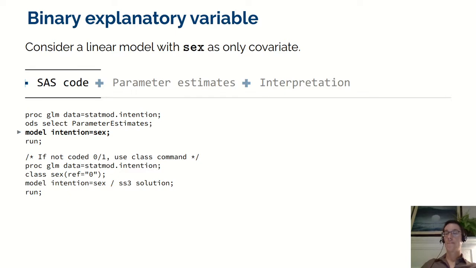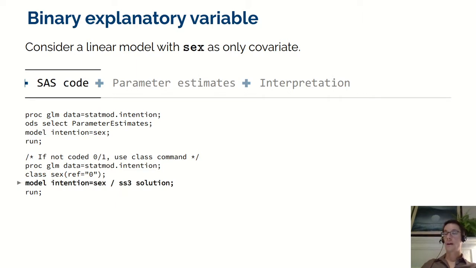I could have used a slightly different syntax to get more or less the same output. Before declaring your model, you could put class. That's where you define the categorical variable. Here I'm defining sex to be a categorical variable, and I'm saying my reference is men. You can try at home, change the reference, and see how it changes.